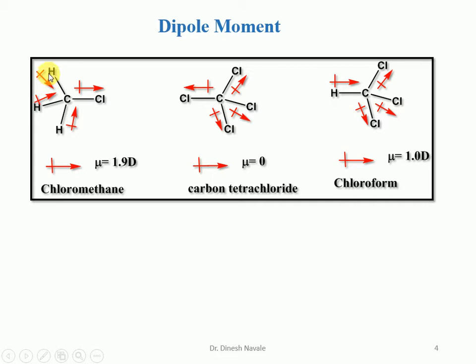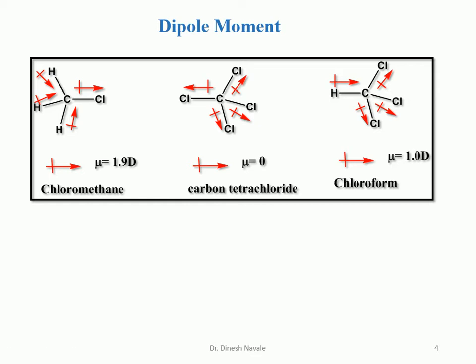But in the carbon-chlorine bond, chlorine is more electronegative than any other atom in this molecule, withdrawing electron density towards itself and polarizing the bond.